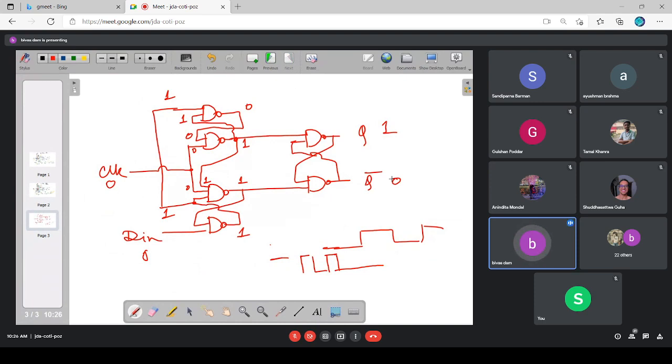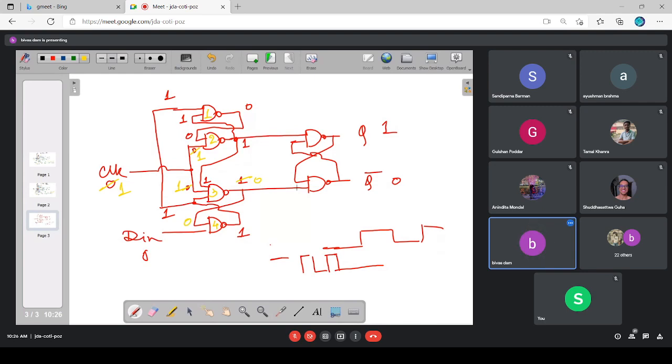So when the clock rising edge comes, this becomes 1. So this is 1, this is also 1. So what changes are you seeing at the circuit? And latch 3 will become 0, output of it. 0. So this will be 0.